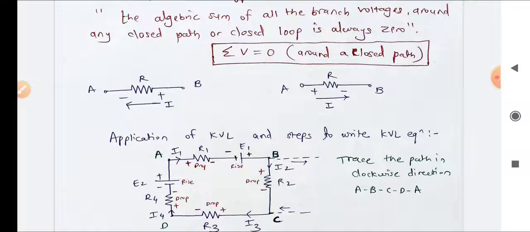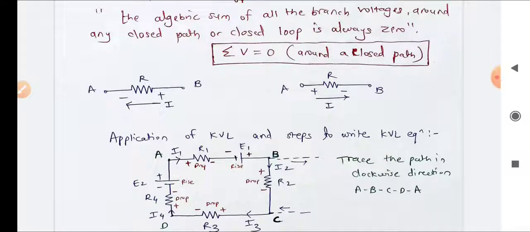Now we will see what the potential rise and potential drop, or the voltage rise and voltage drop, is in a particular circuit. Whenever we consider any closed loop, we always trace a path in the clockwise direction, because we always give the current in the clockwise direction.